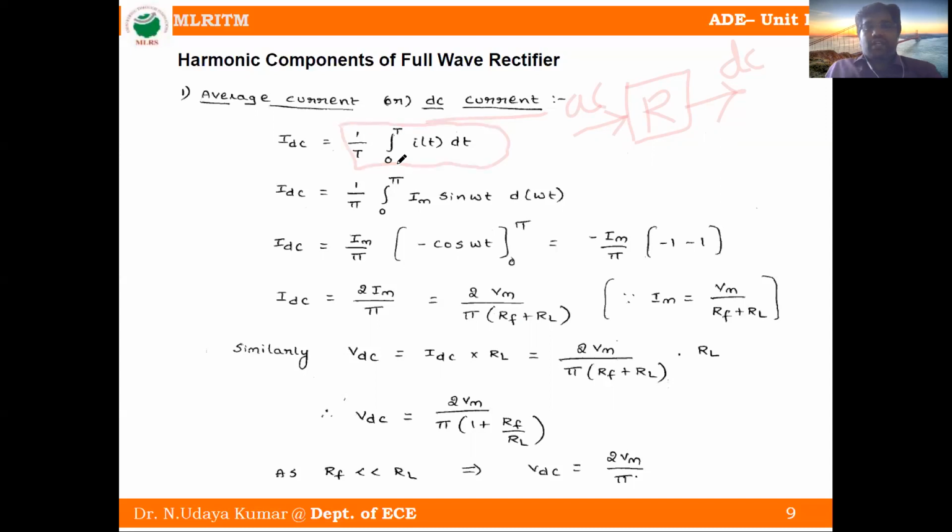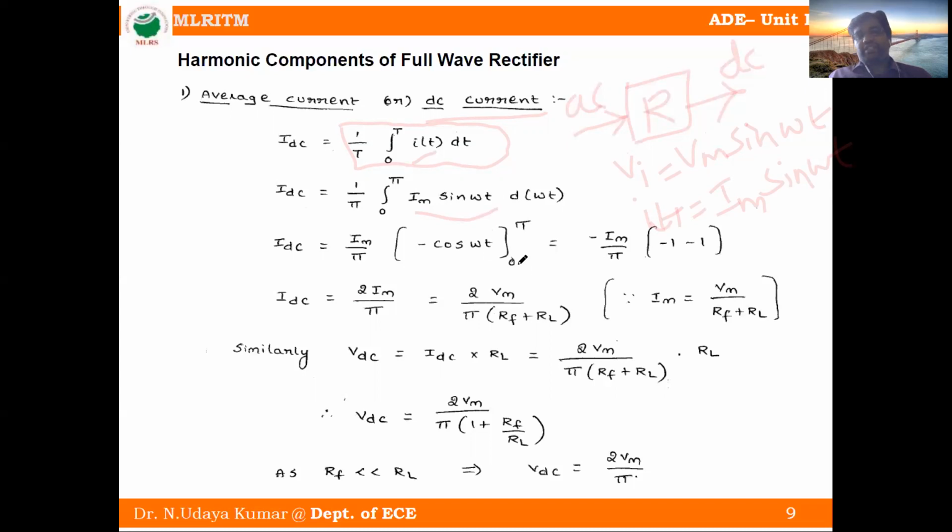We know the voltage equation is Vin equal to Vm sine omega t for a sinusoidal voltage. For current, for example, I of t is equal to Im sine omega t. So we write I of t equal to Im sine omega t d omega t. The integration of sine omega t is minus cos omega t.